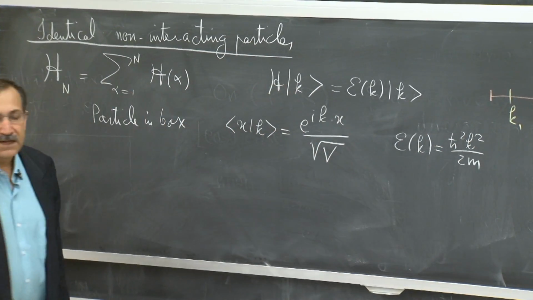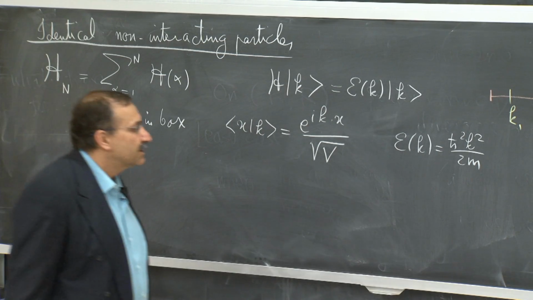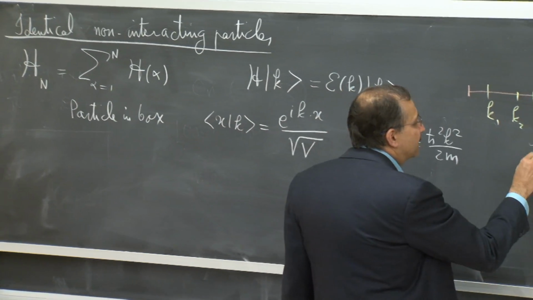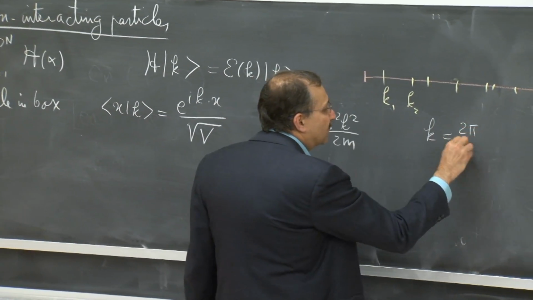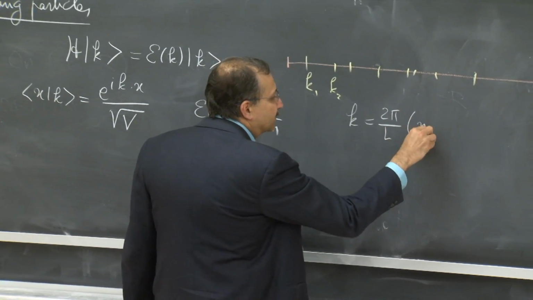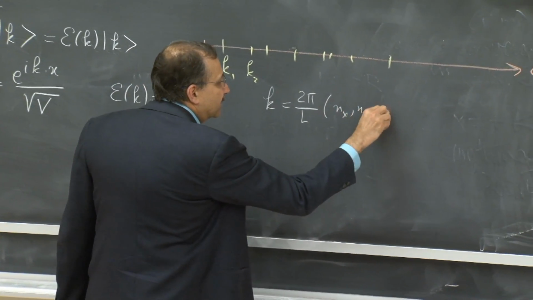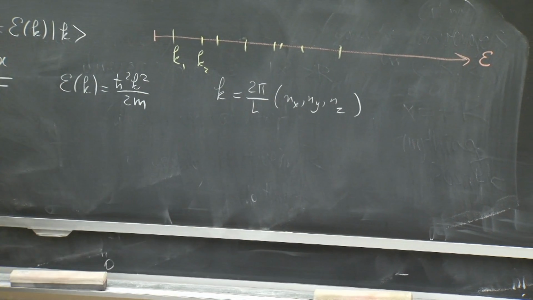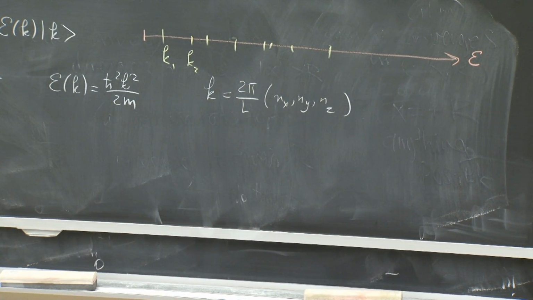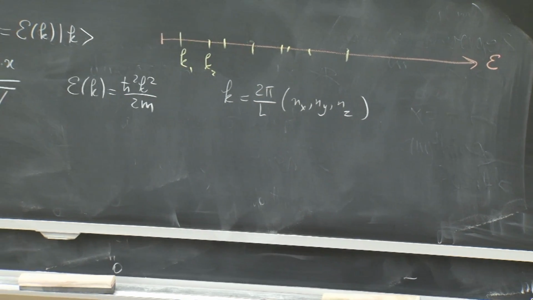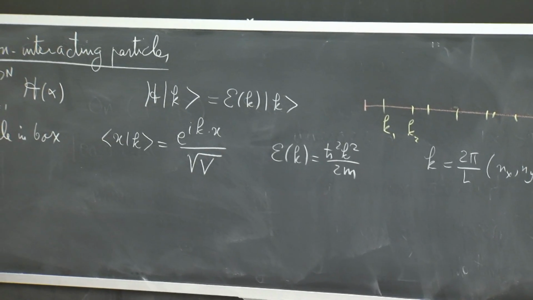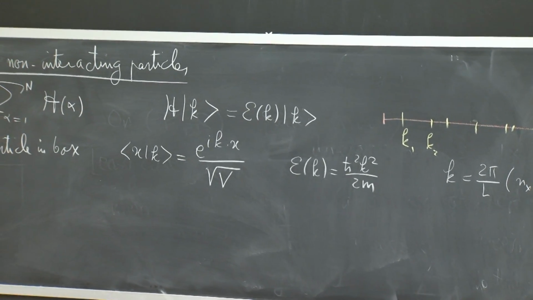And this discretization was because the values of k were multiples of 2 pi over L with integers in the three different directions, assuming periodic boundary conditions or appropriate discretization for closed boundary conditions or whatever you have. So that's the one-particle state.